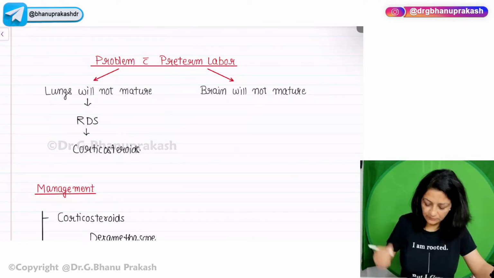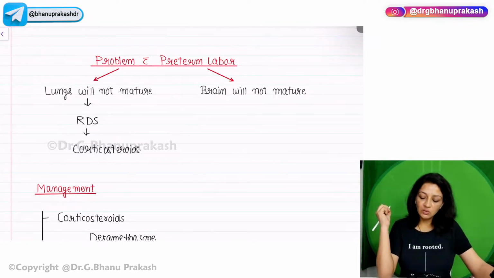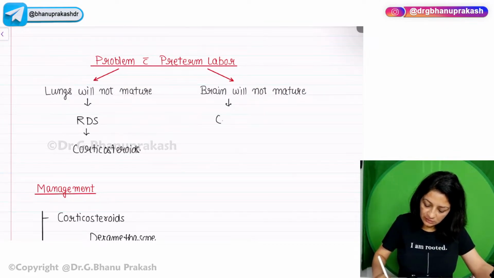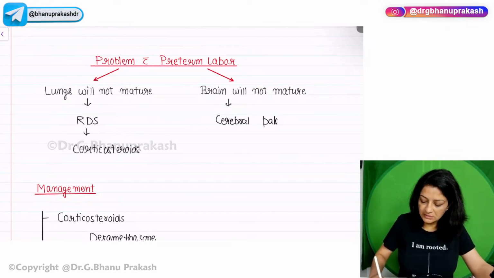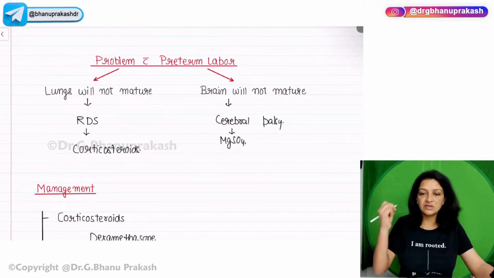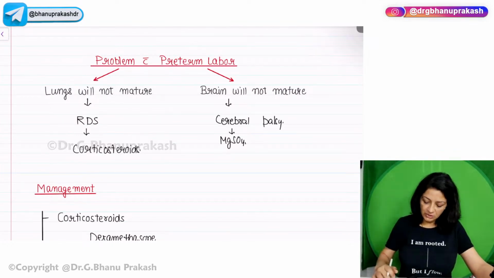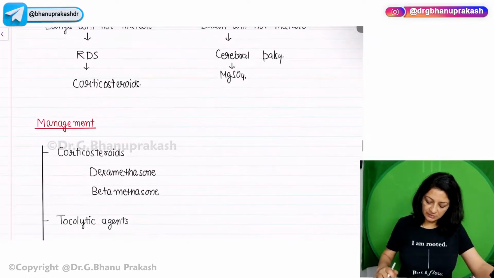The second one is the brain will not mature, so cerebral palsy will occur. Then the treatment of choice will be magnesium sulfate, which is a neuroprotector.